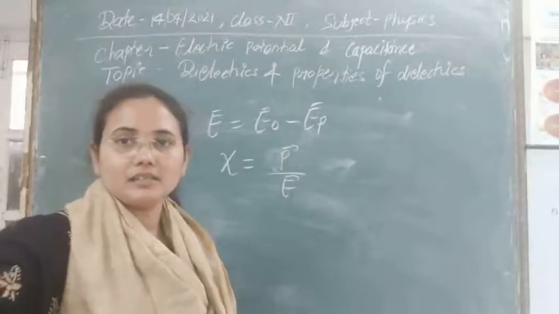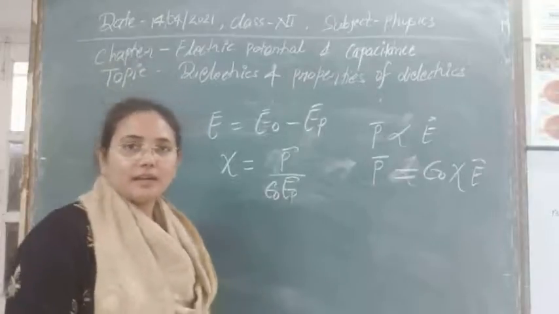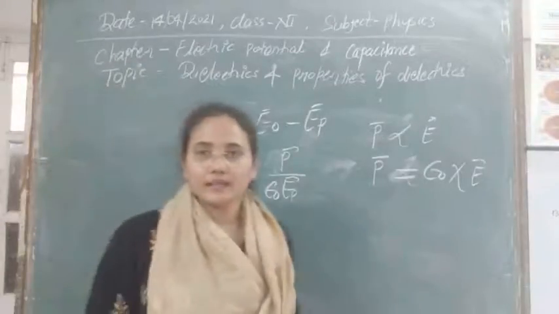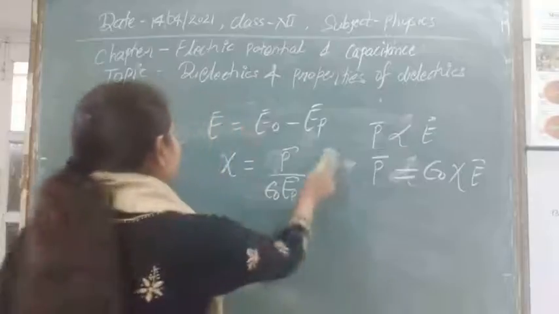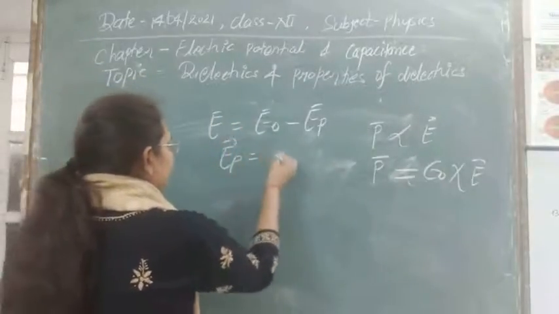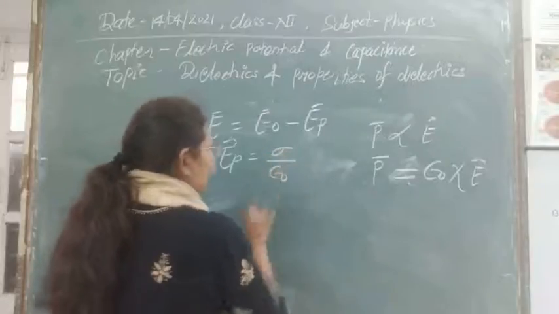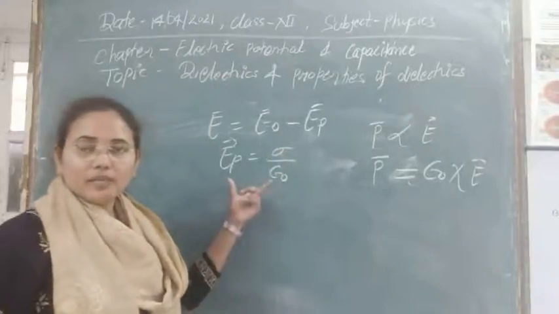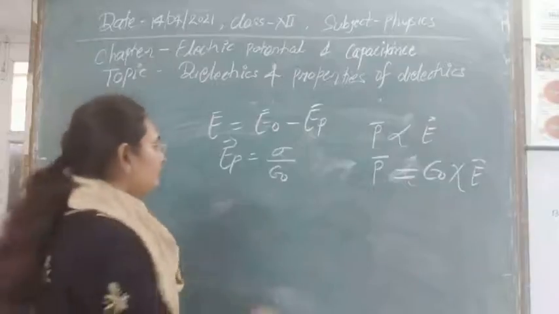As we know, in the case of any dielectric, the electric field that is produced inside it, which we have calculated before, is given by sigma upon epsilon 0.